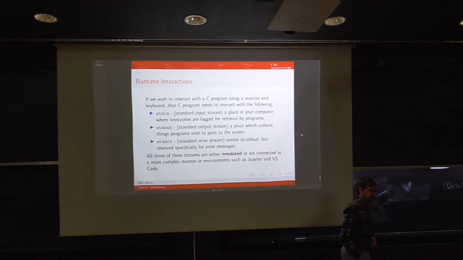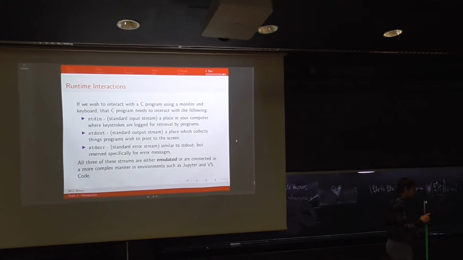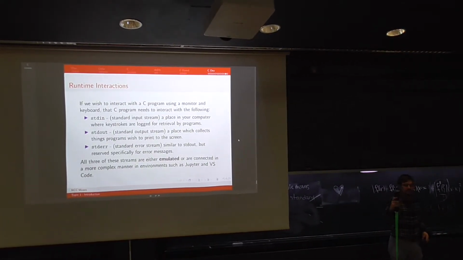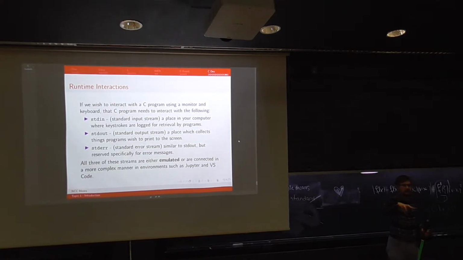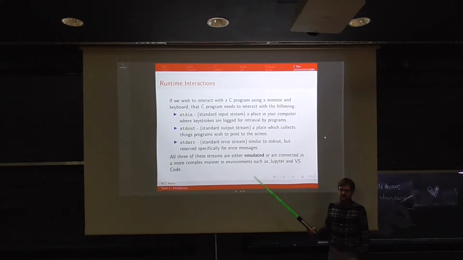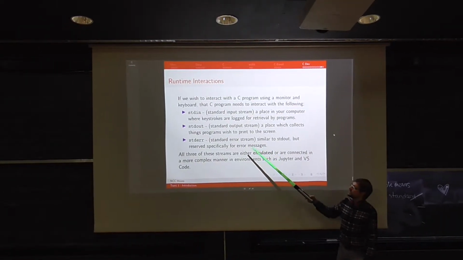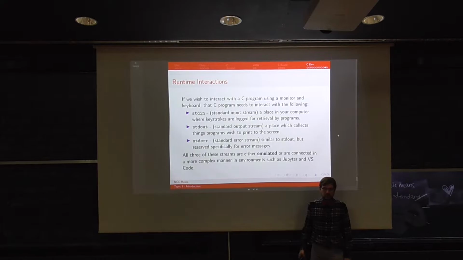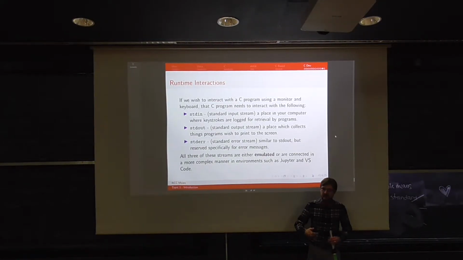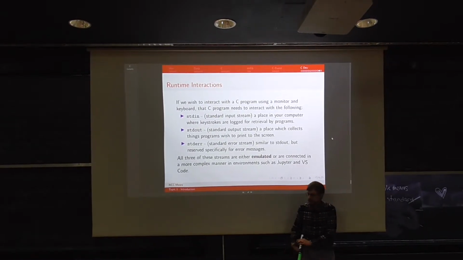Standard output is kind of the same process in reverse. When your program prints something, it's placing characters into standard output. Periodically, the operating system processes themselves collect the contents of standard output and print them to the monitor. That is how output works.